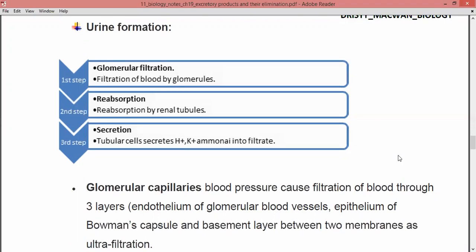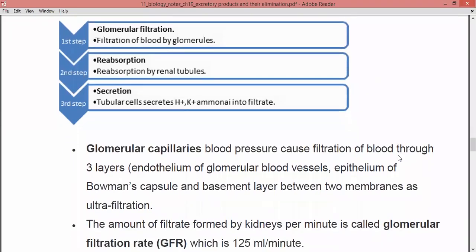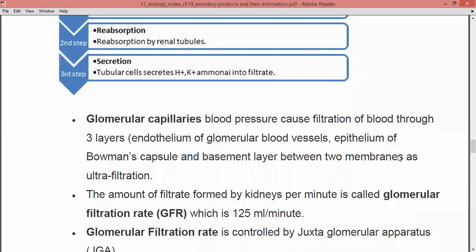First, the glomerular capillaries: the blood pressure causes filtration of blood through three layers, that is the endothelium of glomerular blood vessels, the epithelium of Bowman's capsule, and the basement layer between the two membranes, known as ultrafiltration.